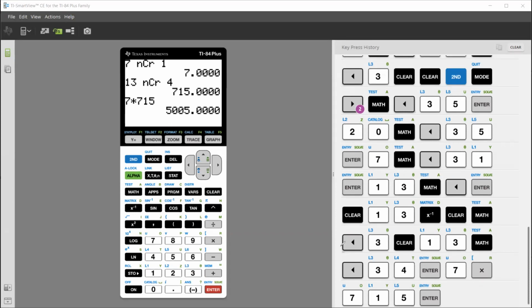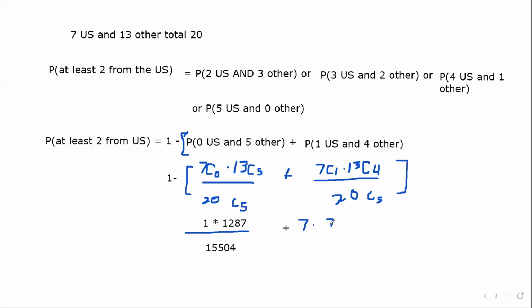This part of the answer is because we need to do the final calculation. This is 715, and then this is going to be 15,504 down here. Once we add that, we're going to subtract it from 1 to get our final percentage.